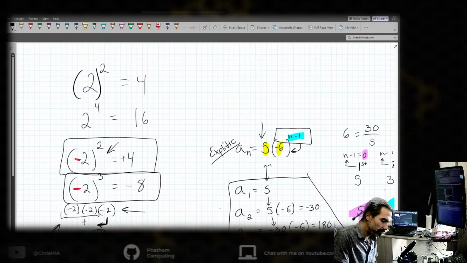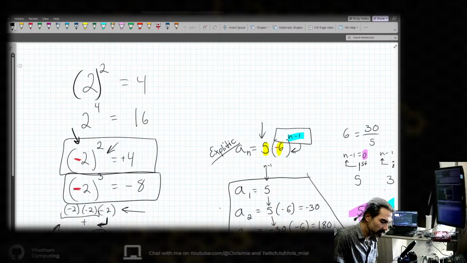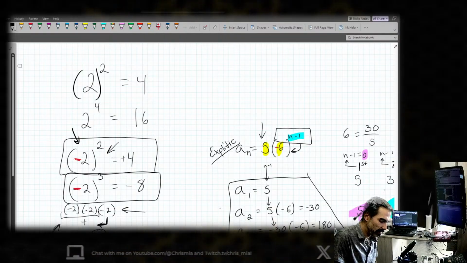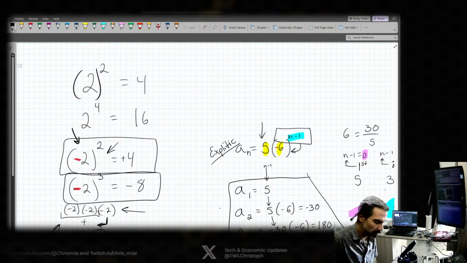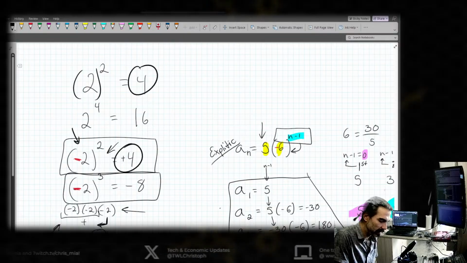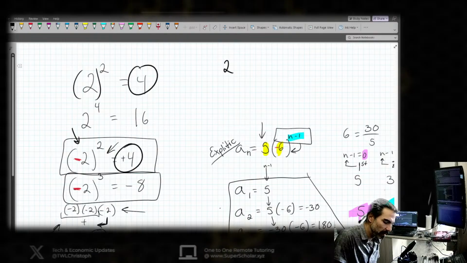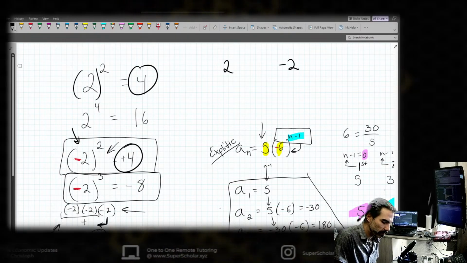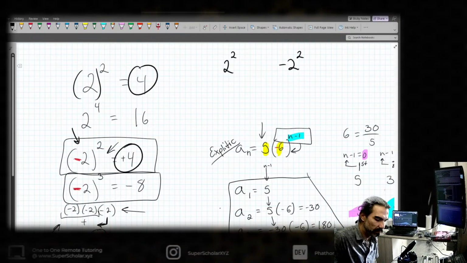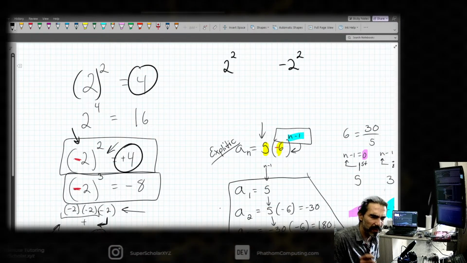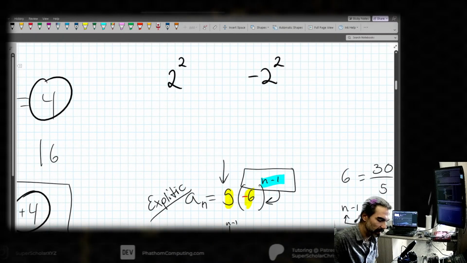But there's a big difference between a positive 2 squared and a negative 2 squared, and the fact that not of the outcome, because they're both going to be a positive 4 in the end. But it really depends on if a negative 2 or a positive 2 is being shown the exponent, the parenthesis.